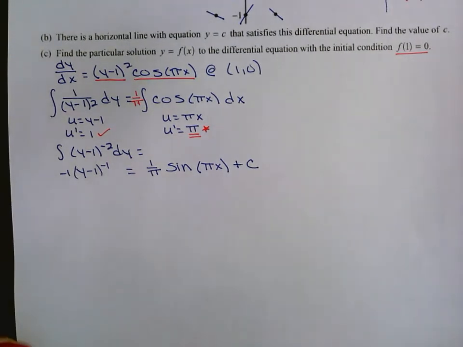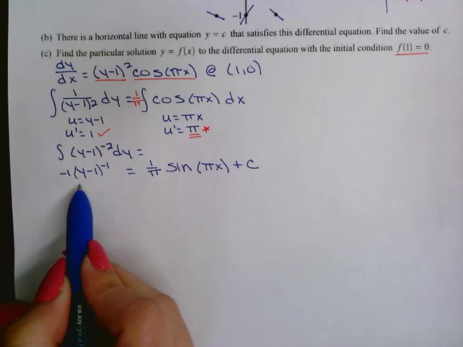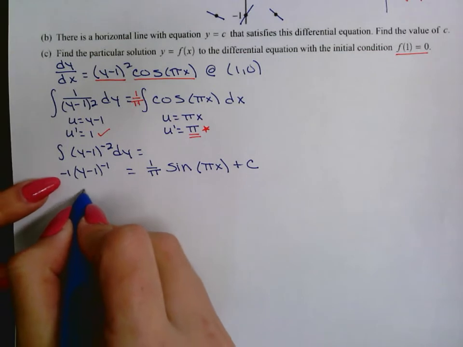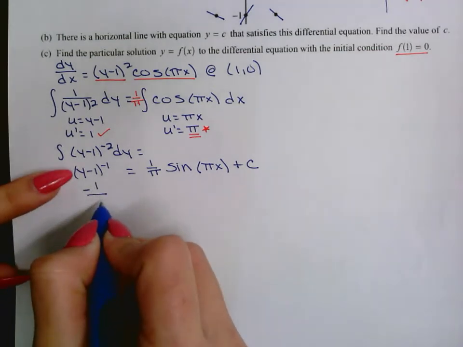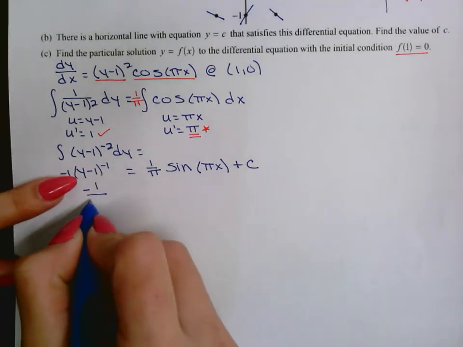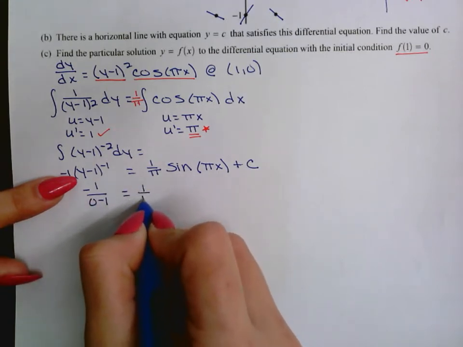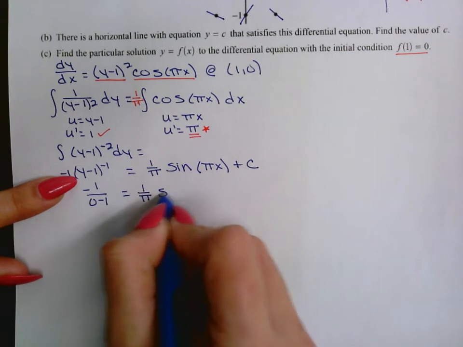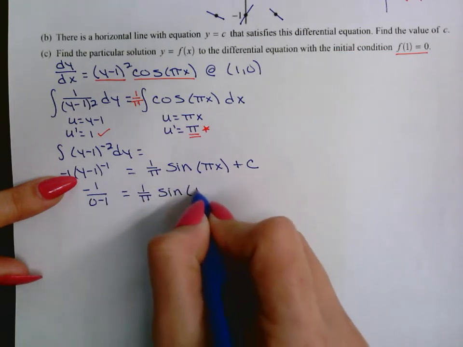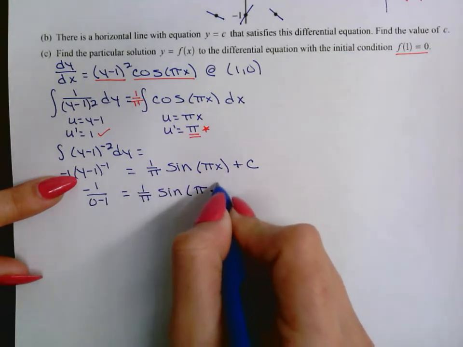So for this question, if I think about isolating y, it may look a little crazy. I'm going to start plugging in my ordered pair to solve for c. I'm going to change this to a negative 1 over y minus 1. But I'm going to plug in my y. And now I'm plugging in my x.